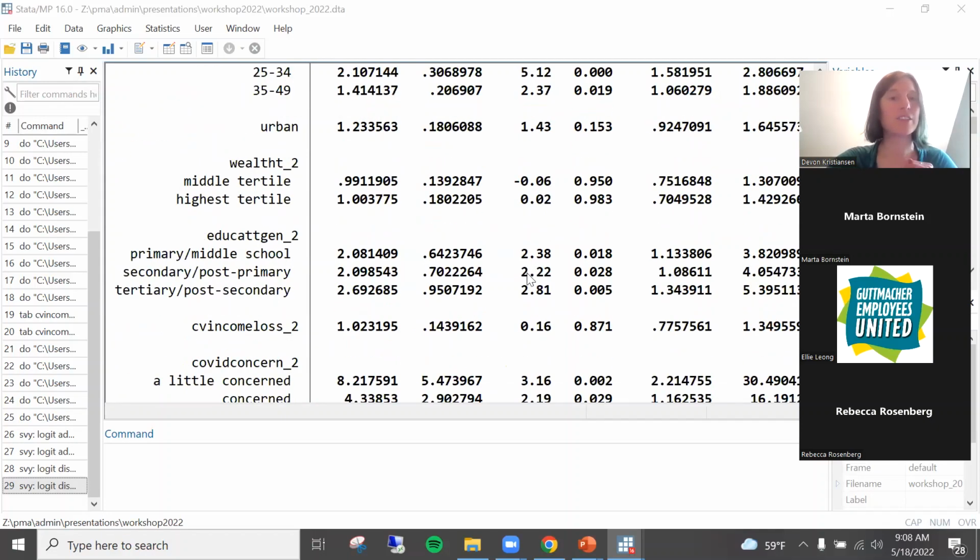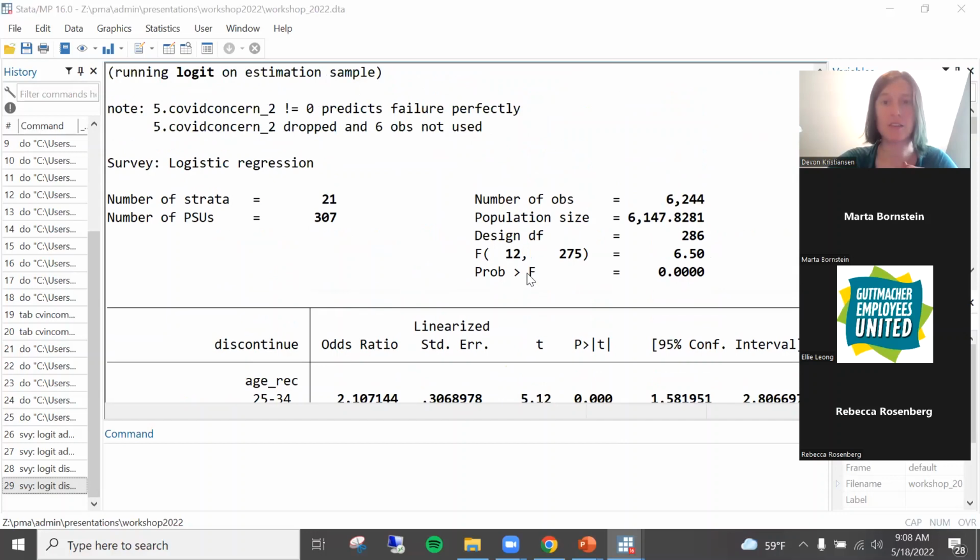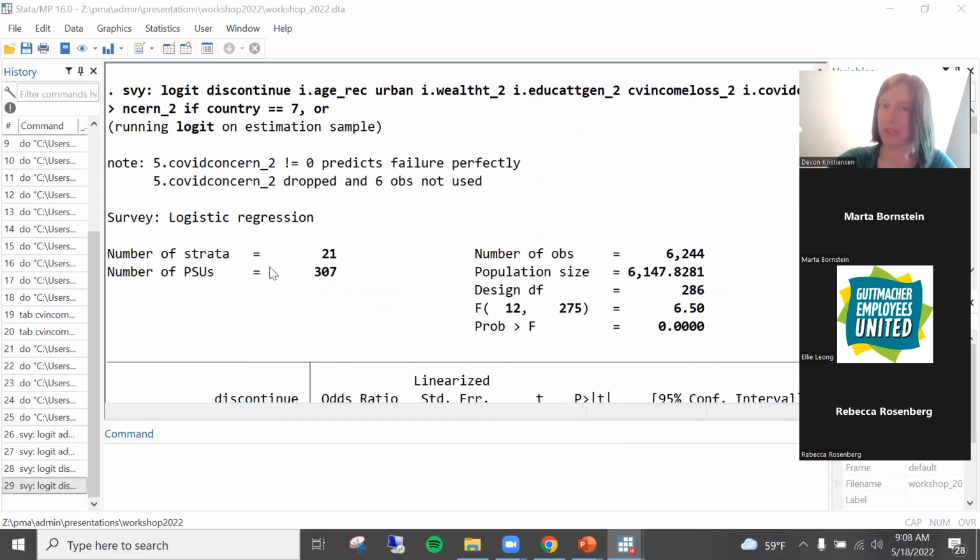But my understanding is that according to this multi-stage clustered sampling design, we're adjusting the standard errors based on strata and PSU. So, okay, awesome. Okay, great. So why are the baseline explanatory variables? I guess I'm not entirely sure about this question.